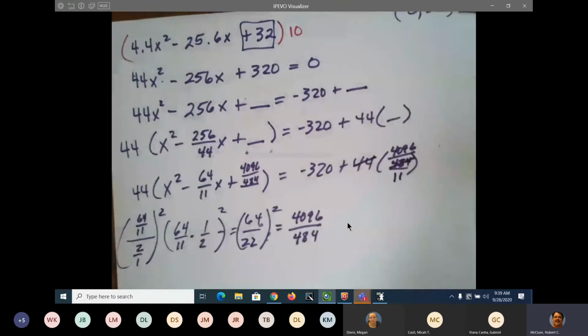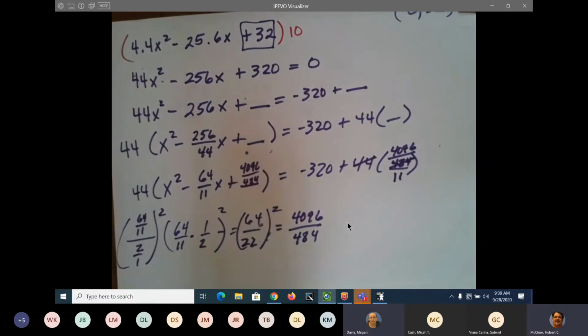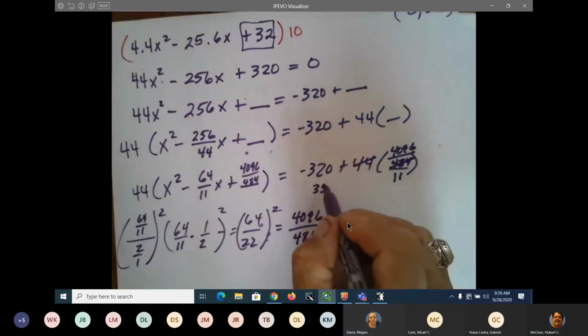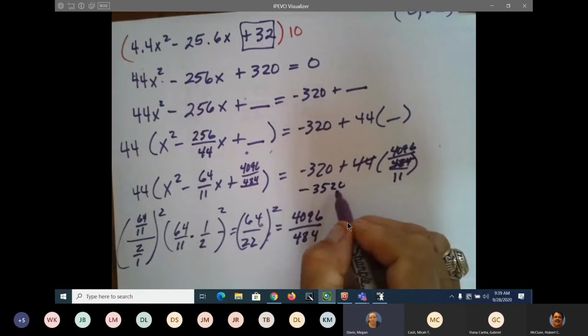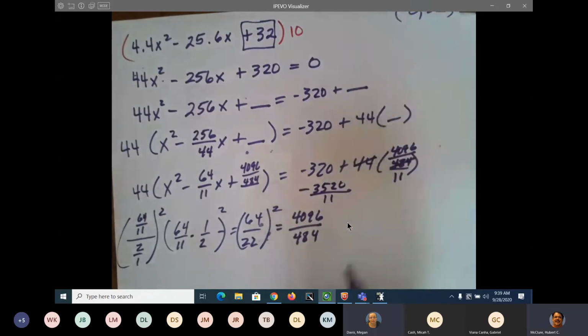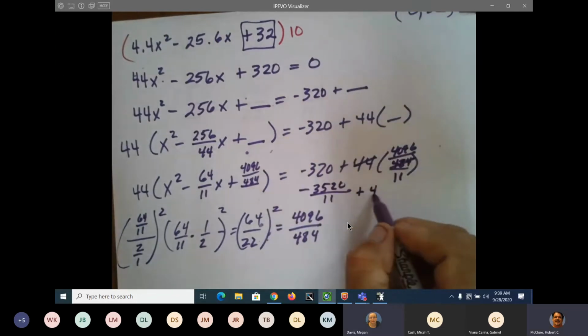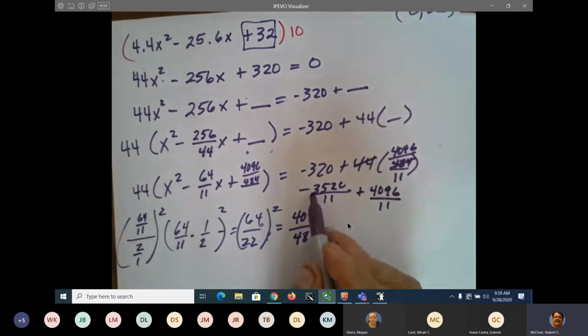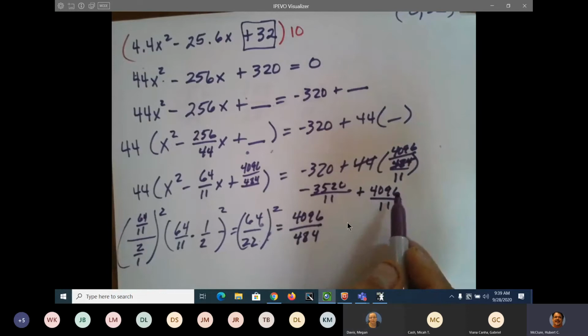Make that 11. And multiply 11 times 320 for me. It says 3,520. Plus 4096 over 11. So take negative 3520 and add 4096.